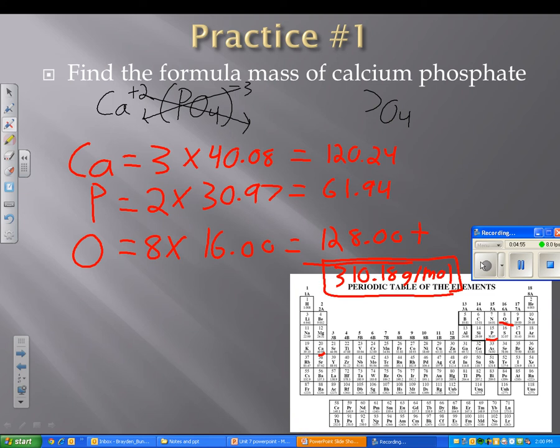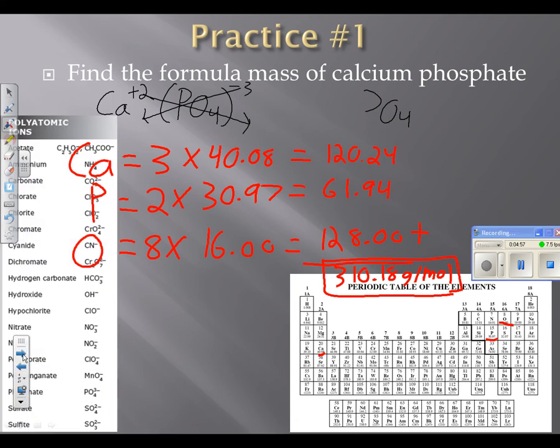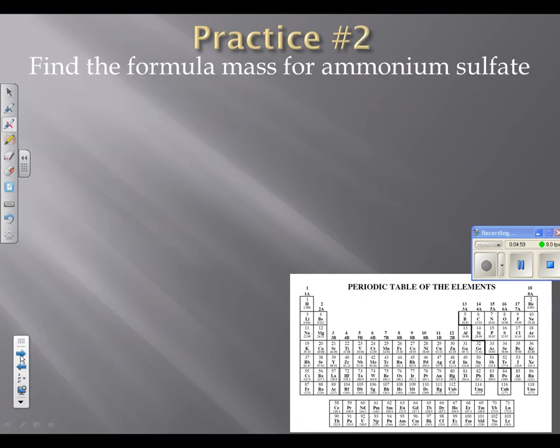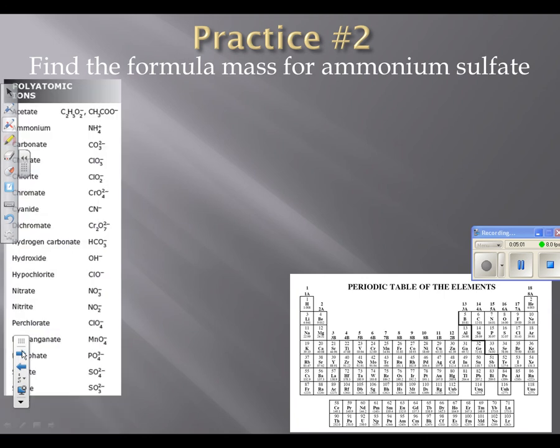Let's do a couple more practice problems. So the next one, here's your polyatomic ion list in case you forgot. Ammonium sulfate, (NH4)2SO4. Remember to crisscross appropriately. So nitrogen, we have 2 nitrogens. Look on the periodic table. Nitrogen is 14.01.